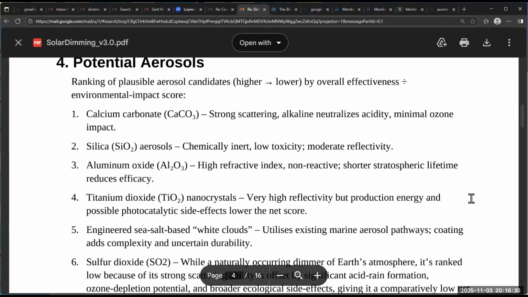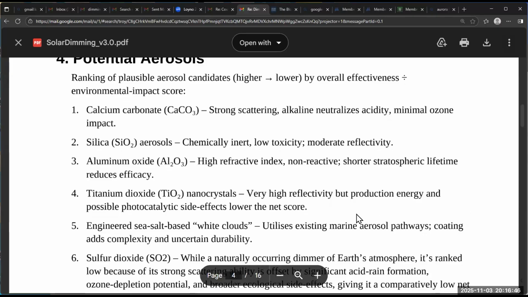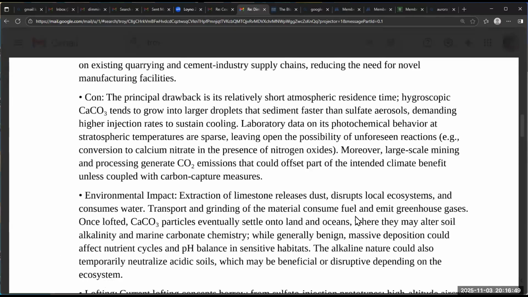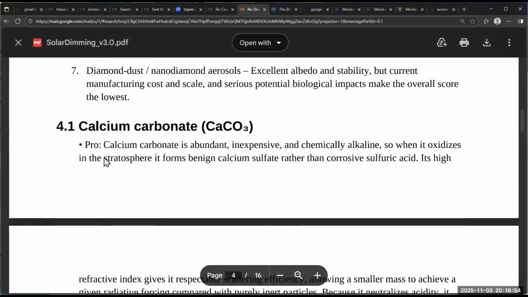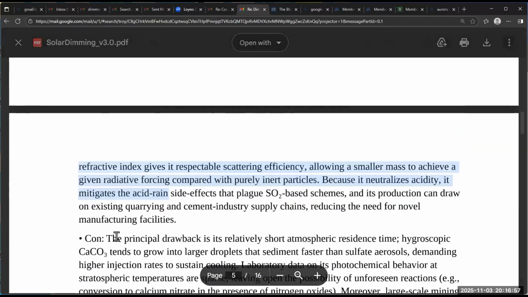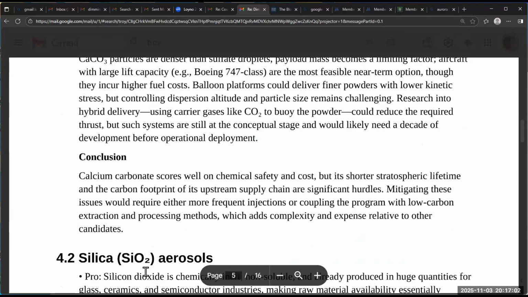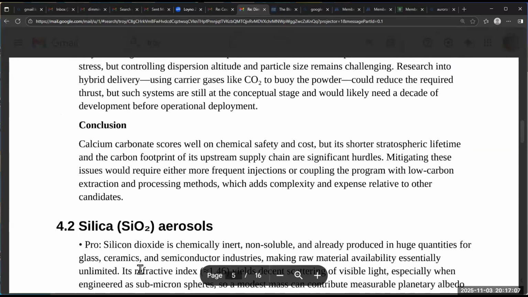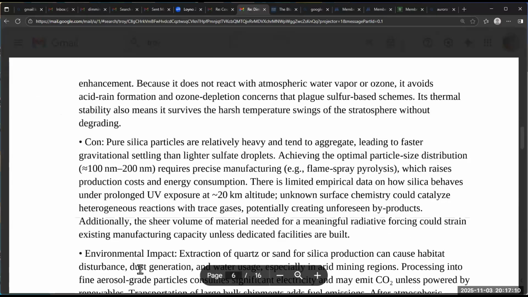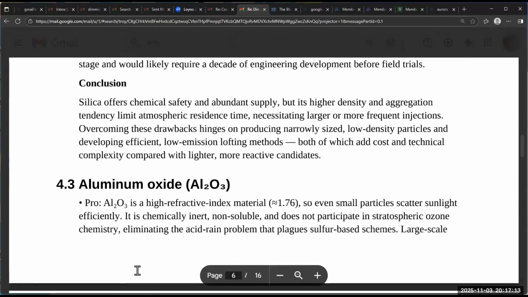And before I get into all of them, I'll just note that I've got at least one paragraph for each of a pro and a con, environmental impact, strategies for lofting, a conclusion, and then references to sources, you know, where I got the information, some of the better references available. And interestingly, some of the references that I use are in at least one of the videos that Myron has shared a link for us with.